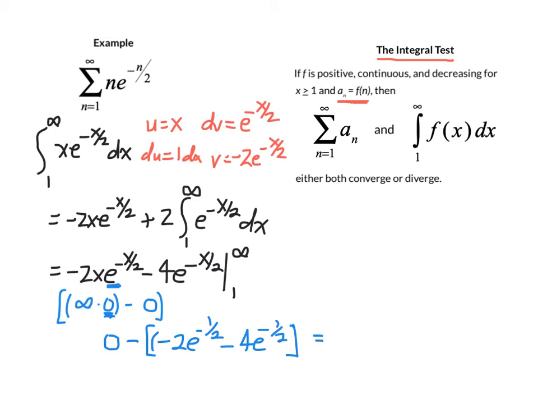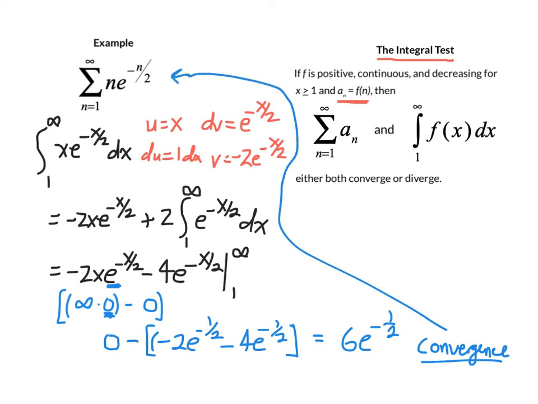So we get a numeric value here, 6e to the negative 1/2, which is proof of convergence. If we get a real number out of our improper integral, we call that the convergent case. And then the integral test says, well, if my improper integral was convergent, I can reflect that back up to the original infinite series, and that must be convergent too.